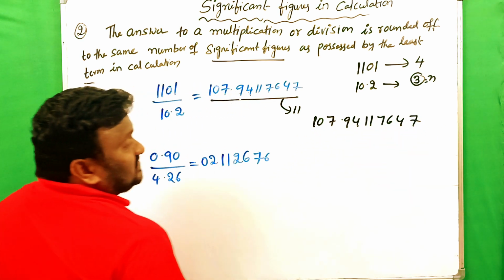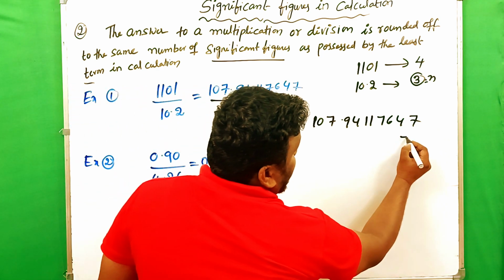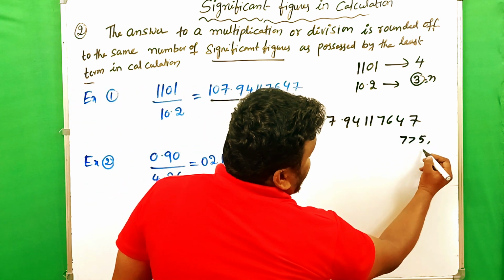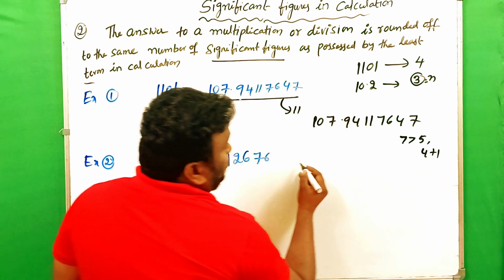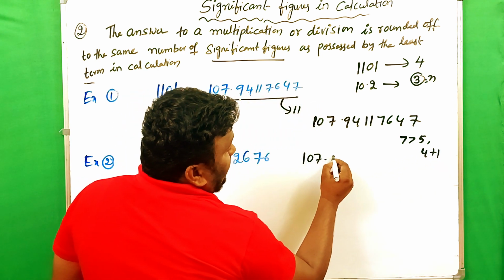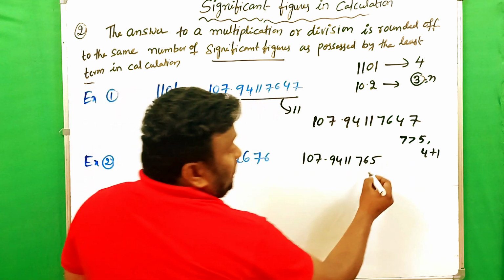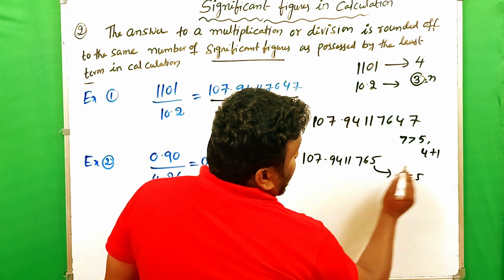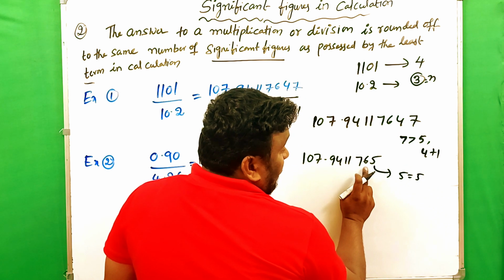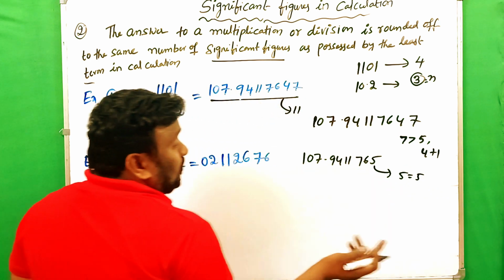Now 7 is going to be dropped, and that is more than 5. That's why here 4 plus 1 we have to do, 107.9411765. And now here the last digit is 5, then the preceding number is even, that's why there is no modification to 6.